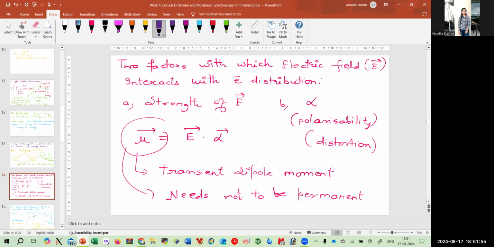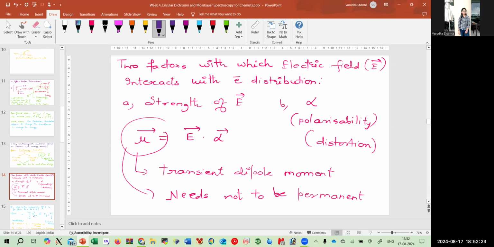So how the electric field affects the electronic distribution? So basically, when it affects it, it creates a distortion in the electron density, and how much it is affecting that depends upon the two factors. One is strength of the electric field, like how much electric field you are giving, and how much distortion it is facing, that is polarizability. So combining the two factors, we have a transient dipole moment.